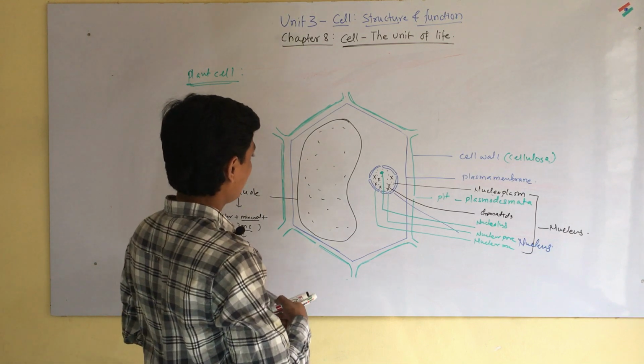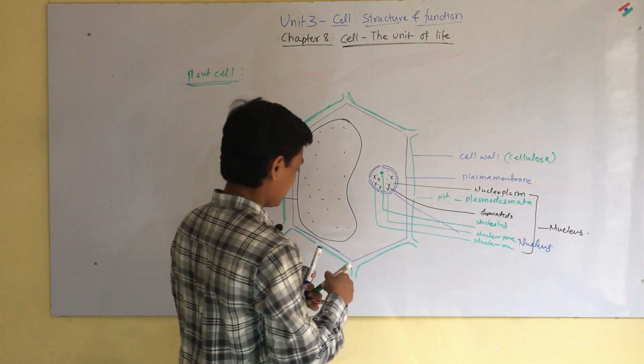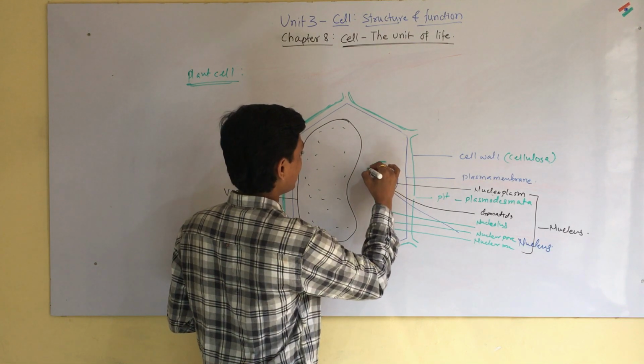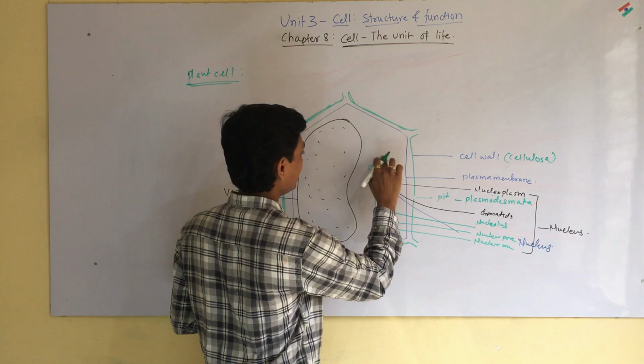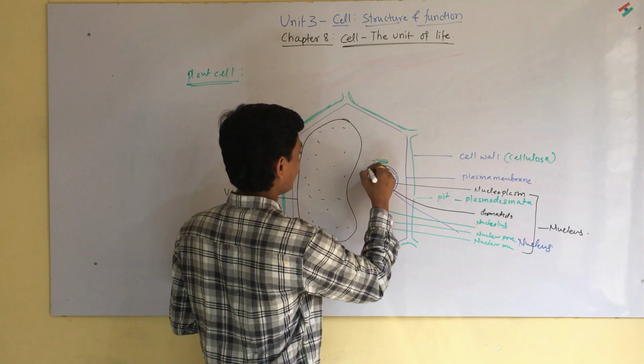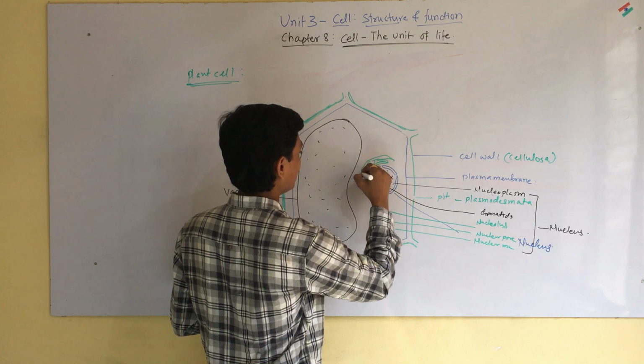Then next to this, same as that of animal cell, periphery to this, smooth and rough endoplasmic reticulum is there, which will cover the nucleus.